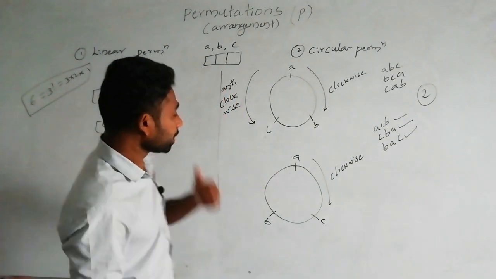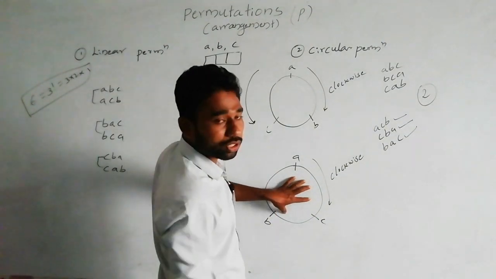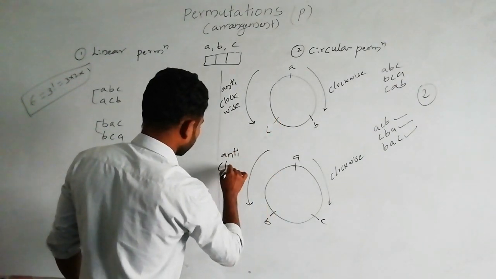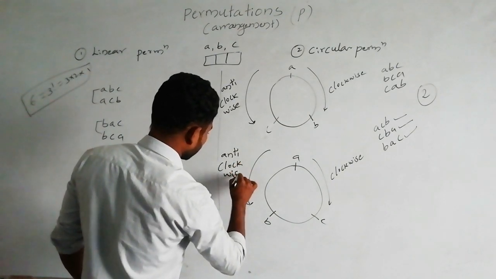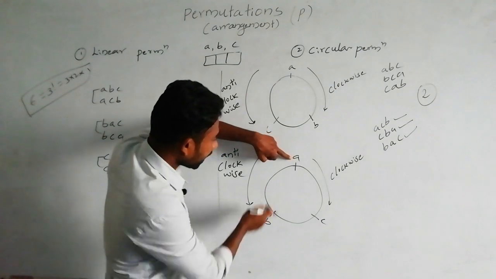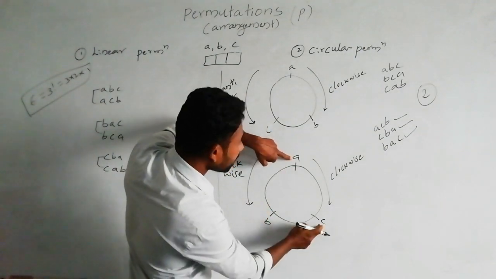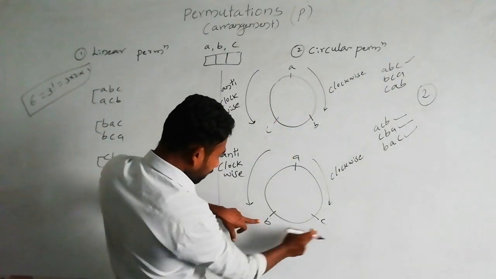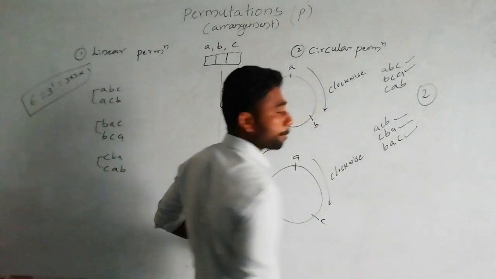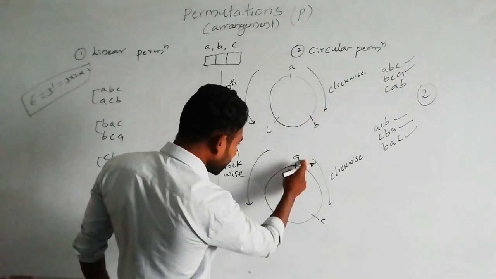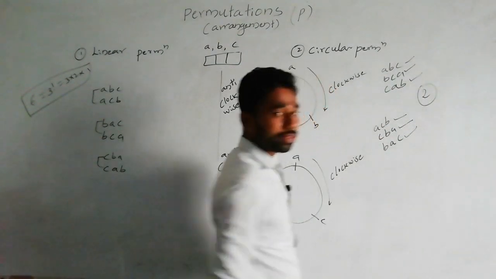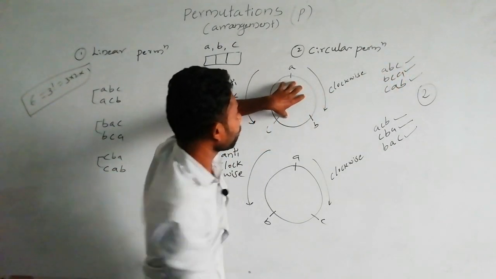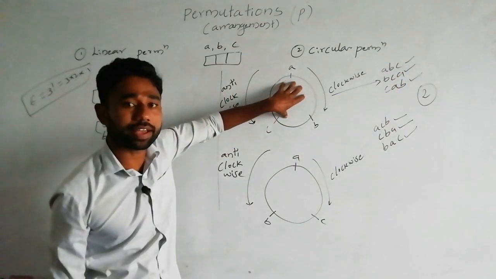So observe this. Next, go to the second circular permutation, clockwise, and take the anti-clockwise of it. Observe: A, B, C, B, C, A, next C, A, B. These are the linear permutations of the first circular permutation clockwise, which we already have.